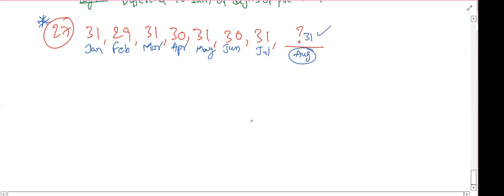Any mathematics? No, sir. Number of days of consecutive months of a leap year or non-leap year? The leap year. A leap year. Okay. Number of days of consecutive months. Okay. I'll write the logic also.